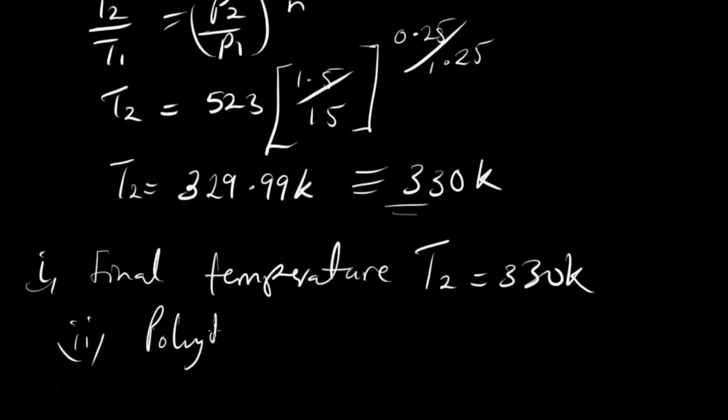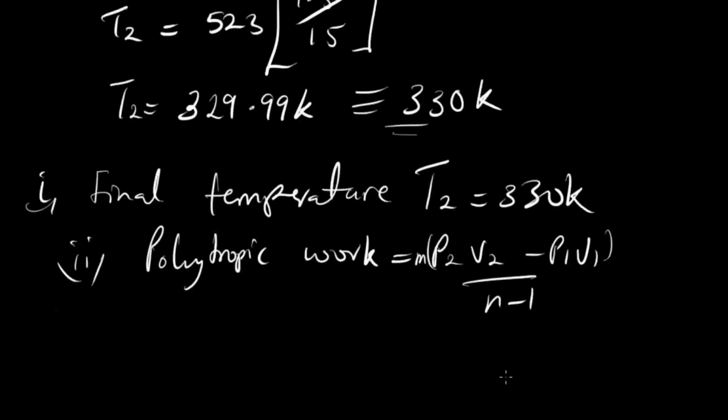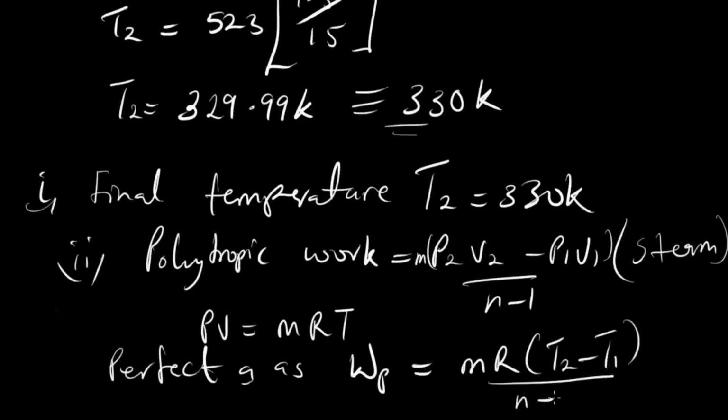So the next one is the work, polytropic work. Remember, for the steam, polytropic work was P2 V2 minus P1 V1 over n minus 1 times M. But PV is equal to MRT. So this is for steam. So for perfect gas, polytropic work will be M R T2 minus T1 all over n minus 1.